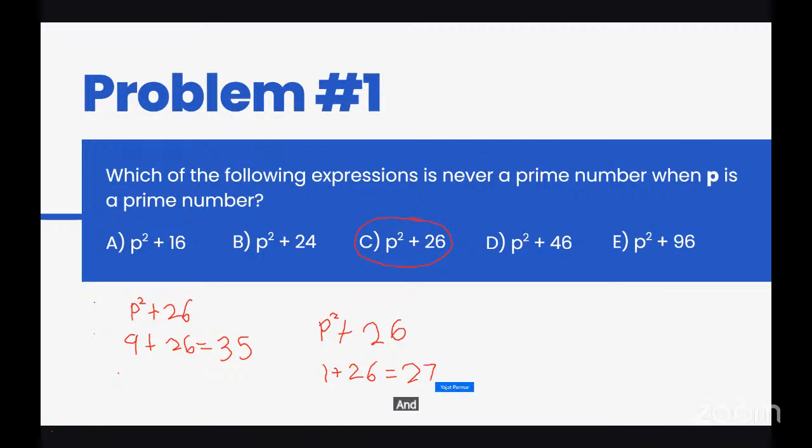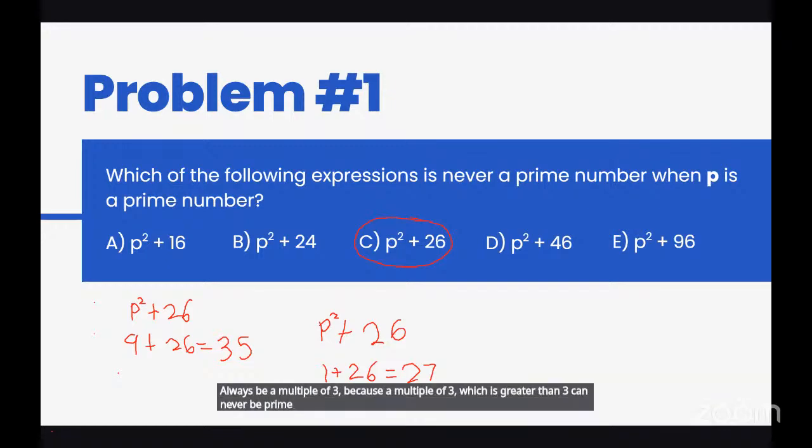And so since 27 is a multiple of 3, the entire expression p squared plus 26 will always be a multiple of 3, and a multiple of 3 which is greater than 3 can never be prime, right? Using the logic we realized earlier. So we found our answer, choice C.